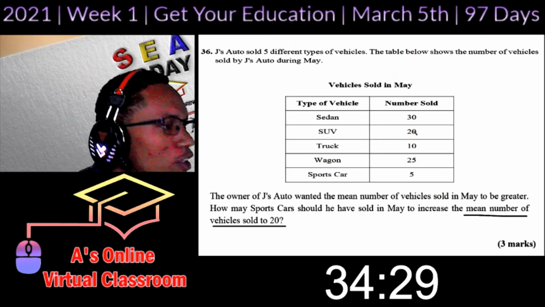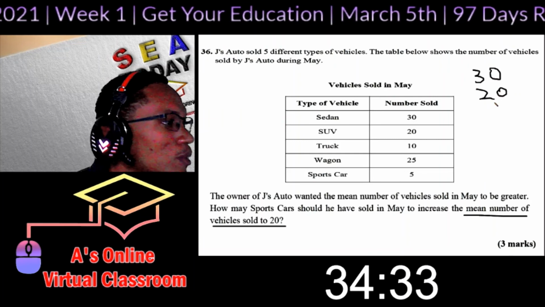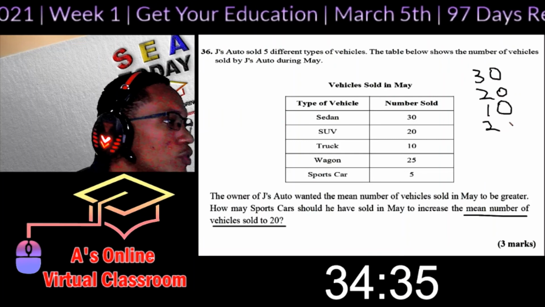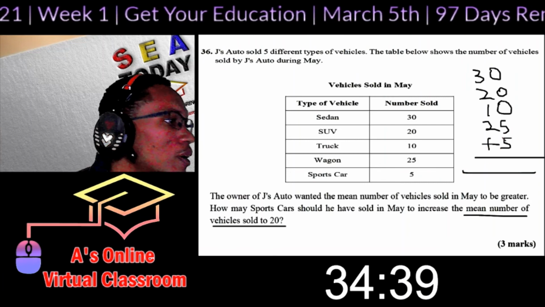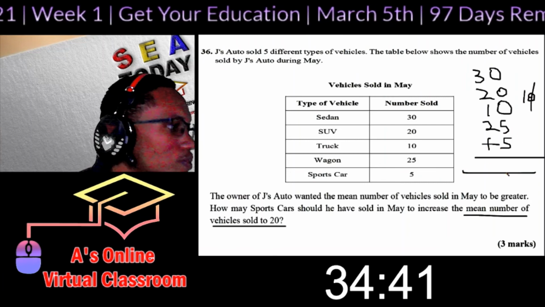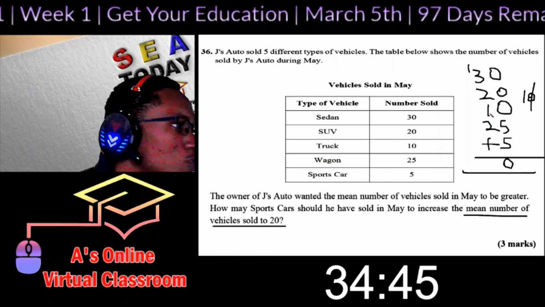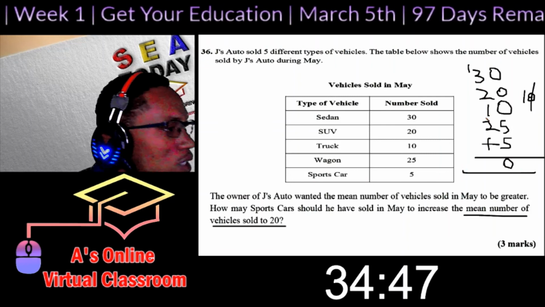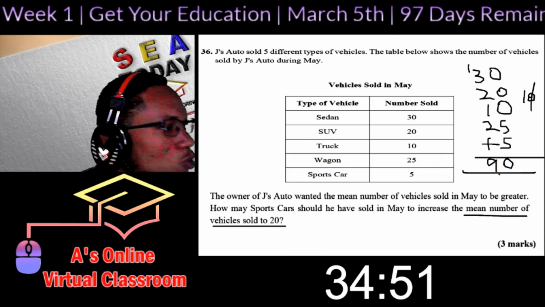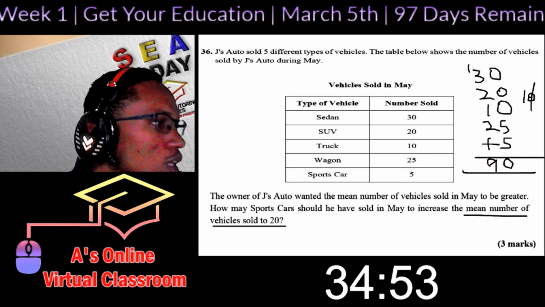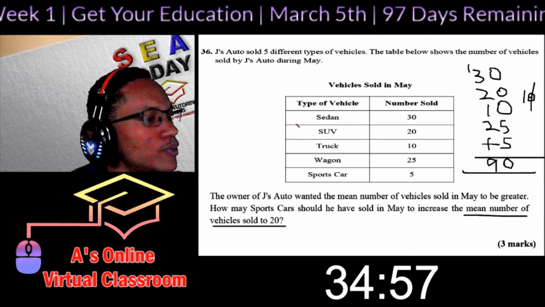So the mean right now would be 30 plus 20 plus 10 plus 25 plus 5. You have to add that all up. 5 plus 5 is 10. 3 plus 2 is 5 plus 1 is 6 plus 2 is 8 plus 1 is 9. So right now, the total cars sold is 90, right?